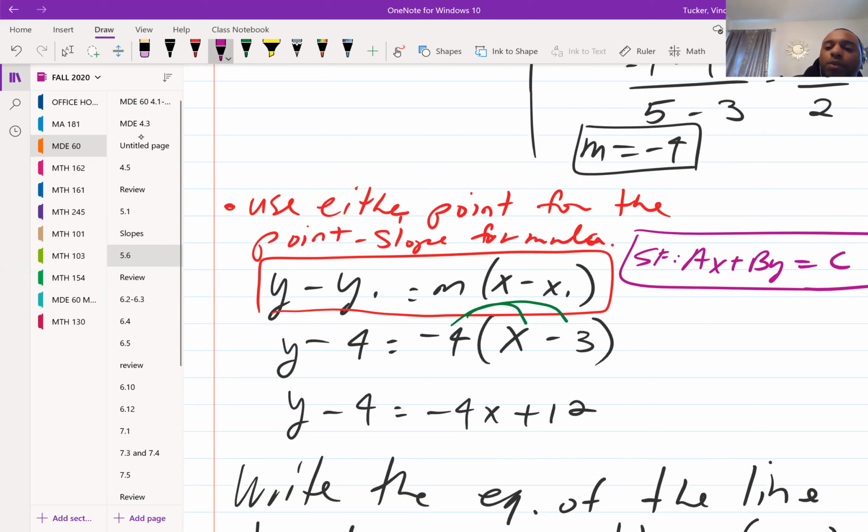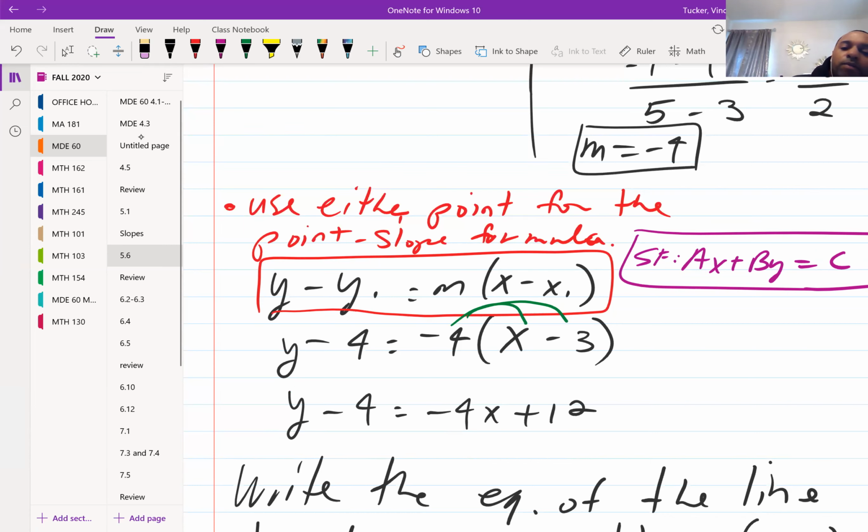That's standard form. General form has the C on the other side. So if that's the case, then they want your x term and y term on the same side, and your C term, your constant, on the other side.